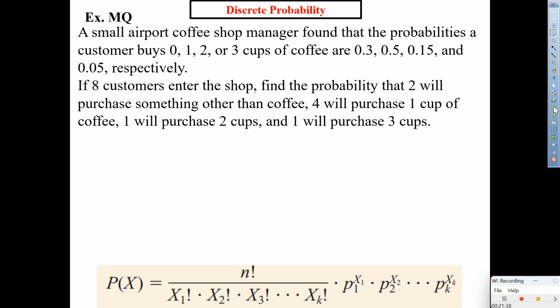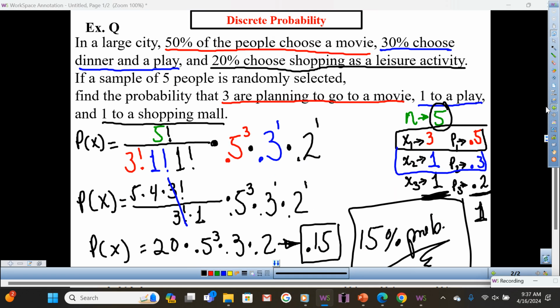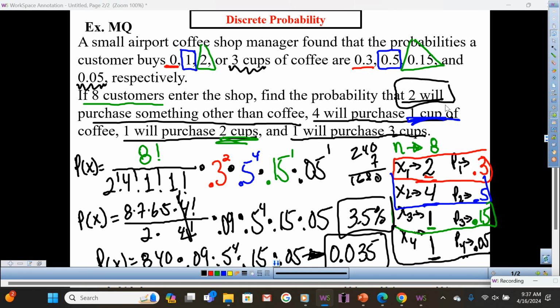All right, so far so good. We did example Q, a little bit more straightforward. It was just the X and the P, straight from there. The second one required a little bit more digging in regards to writing these as our X's and then matching them to what the manager saw and its probability.